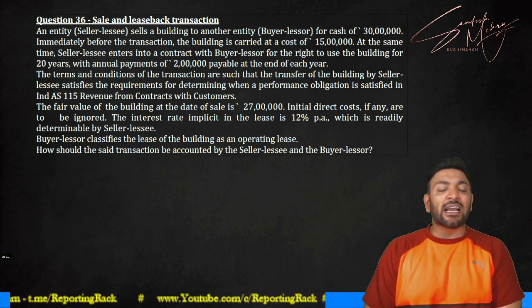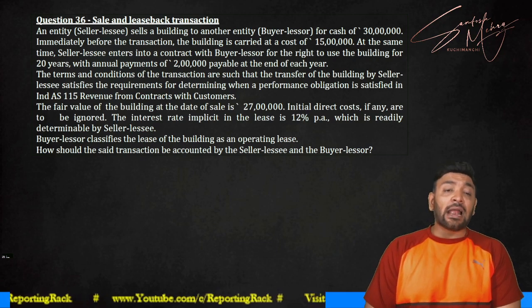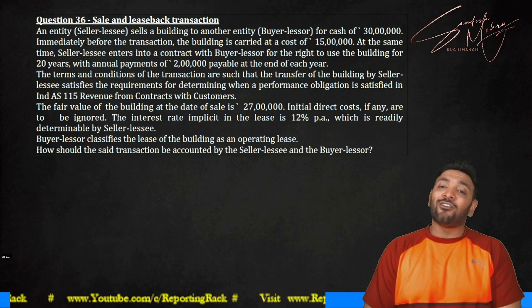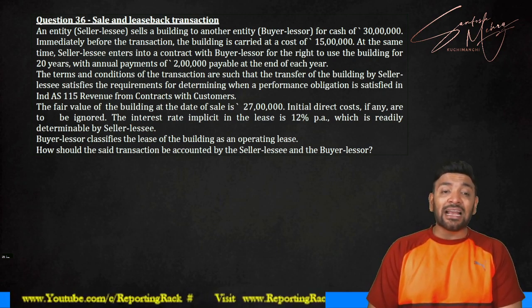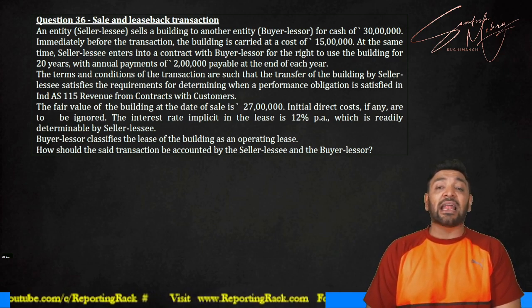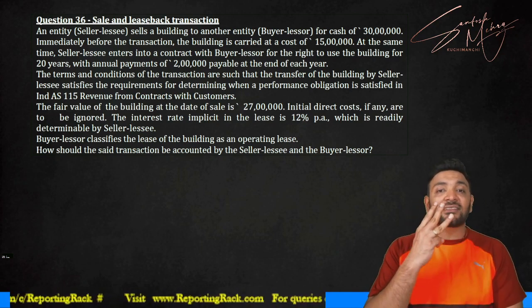Very crucial. Why is it crucial? Because the entity sells the building to the buyer lessor for cash of 30 lakhs, but actually the fair value of the asset was only 27 lakhs. That means your consideration is higher by 3 lakhs.